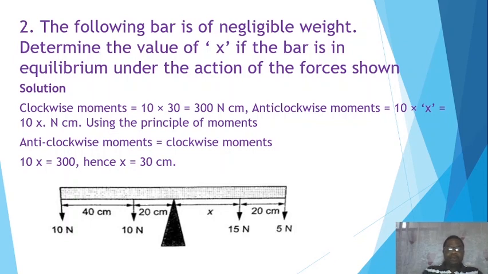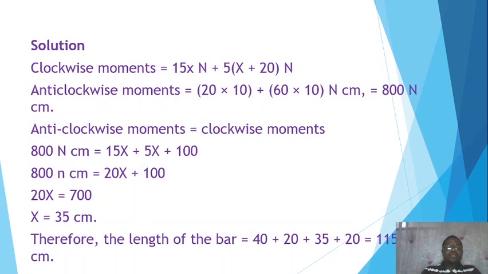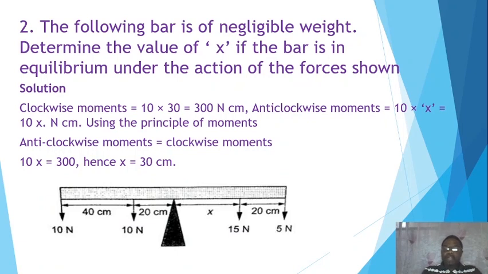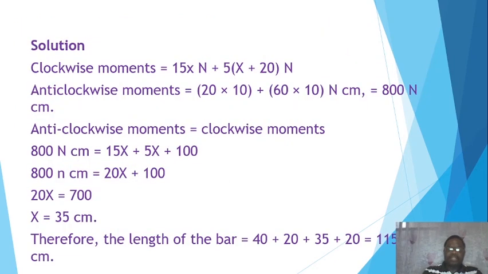Okay, now we consider the diagram and look at the solution. The clockwise moment will give us 15 Newton multiplied by x plus 5 Newton multiplied by x plus 20, as we have in the diagram.